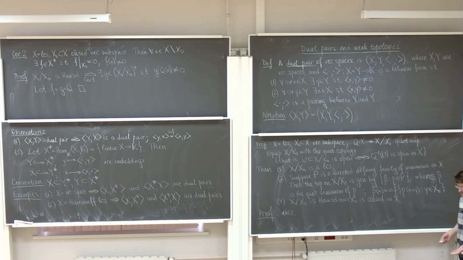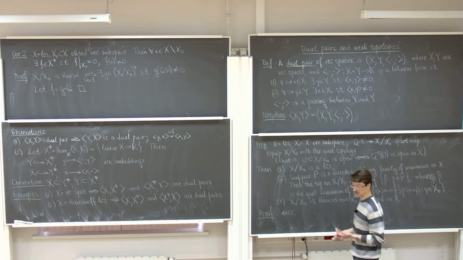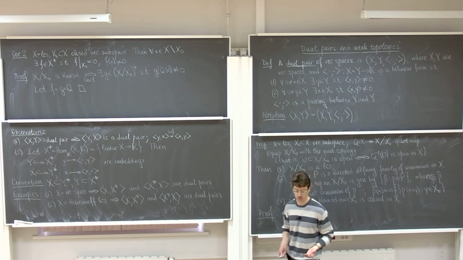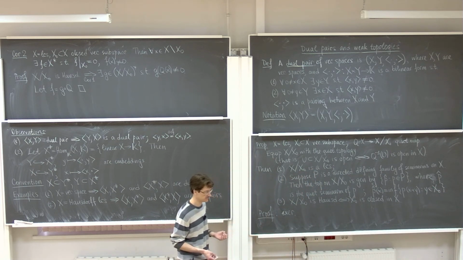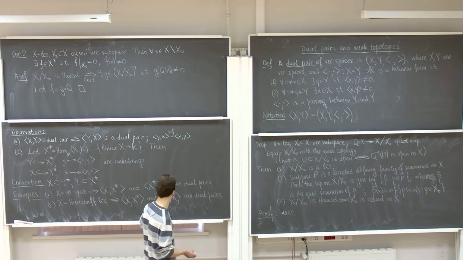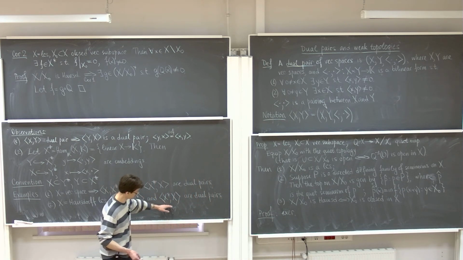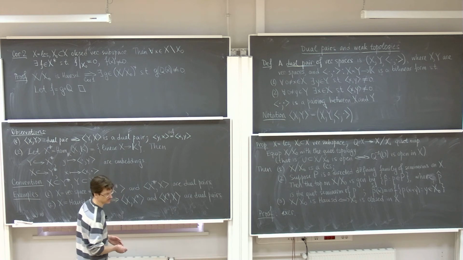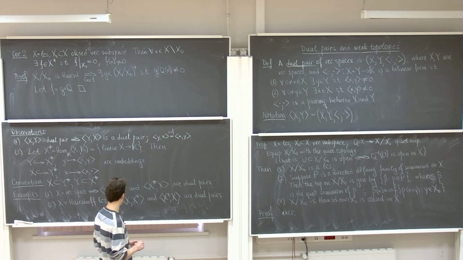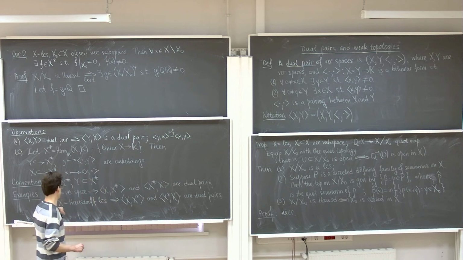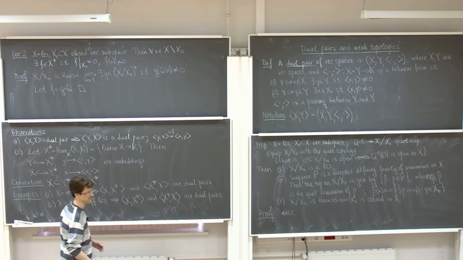If x is a Hausdorff locally convex space, then for each non-zero element in x, we can find a continuous linear functional which doesn't vanish on this vector. So the fact that this is a dual pair is a corollary of our earlier results about linear functionals. If we take a non-locally convex topological vector space, then in general this is not a dual pair.